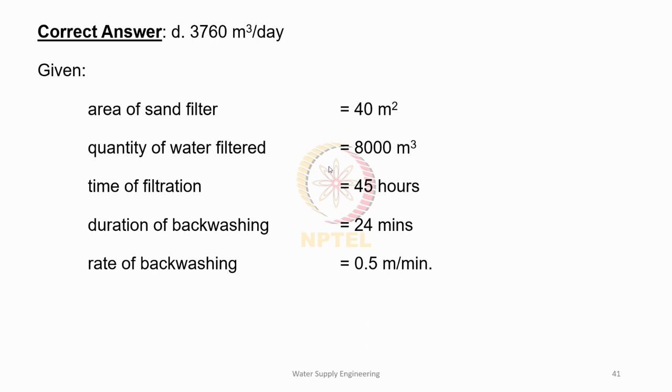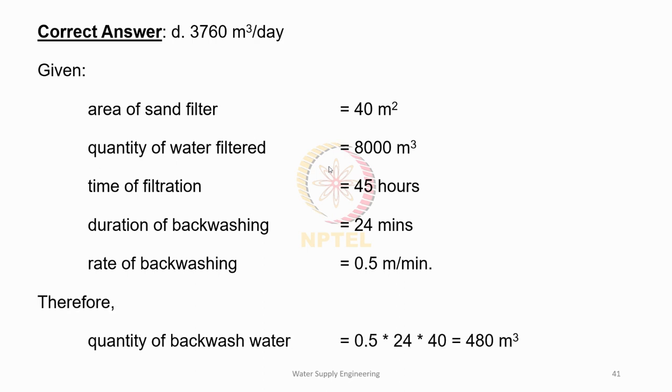The duration of backwashing is 24 minutes at a rate of 0.5 meter per minute. So the quantity of backwash water will be 0.5 into 24 into 40, which is 480 meter cube. That is the total quantity of backwashed water.